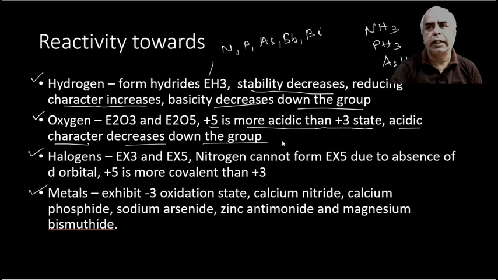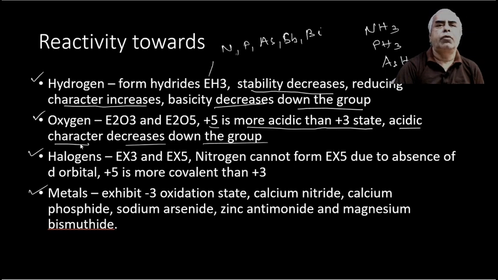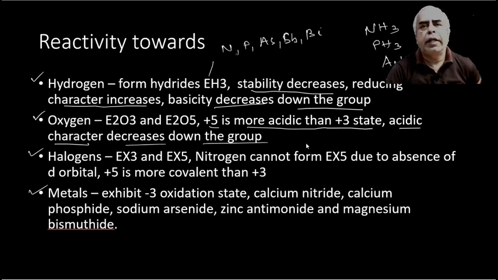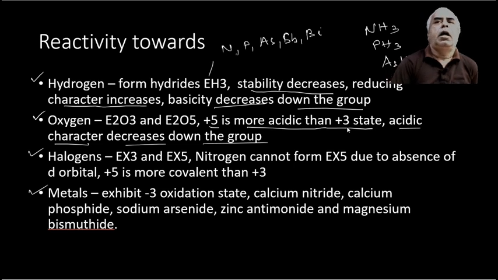Let us consider N2O5 and As2O5. The acidic character of As2O5 is less than that of N2O5. So the nitrogen based oxides are more acidic, especially in the +3 oxidation state.